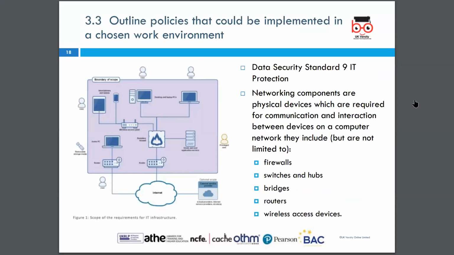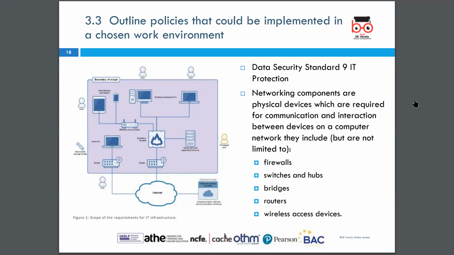So now we will jump straight into activity criteria number 3, where we're going to outline the policies that could be implemented in a chosen work environment. What do we mean by policies?